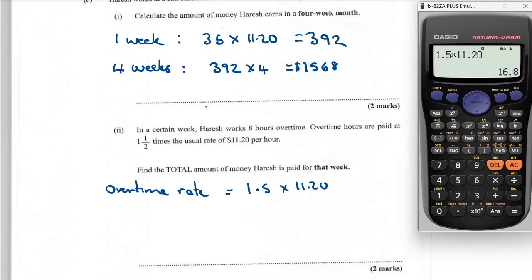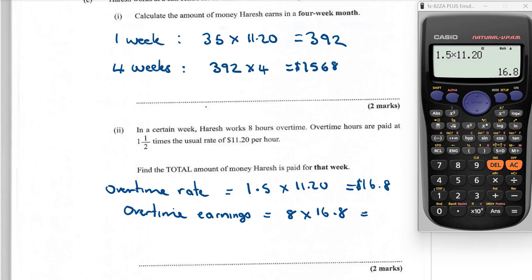That's equal to 16.8 dollars. So the overtime rate is $16.8. Now, if he works 8 hours overtime a particular week, so we're going to say overtime earnings is equal to 8 times 16.8.